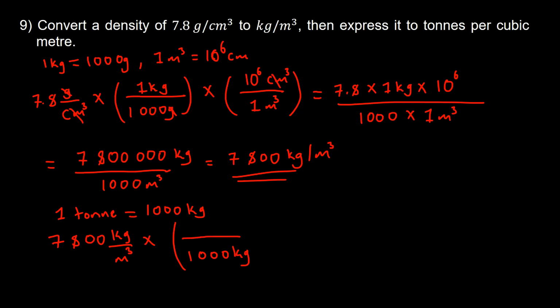And then on top, we can put 1 ton. So now let's cancel out the kg and the kg. And then we can multiply the 7,800 by 1 ton, and then the cubic meters by 1,000.